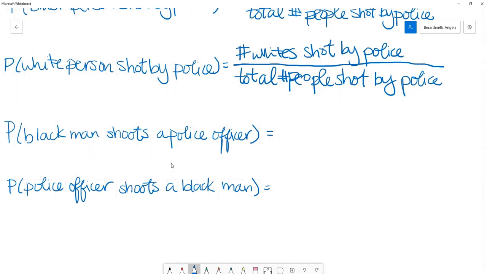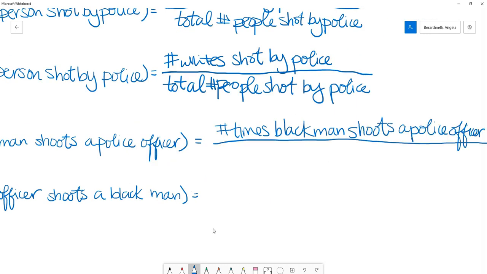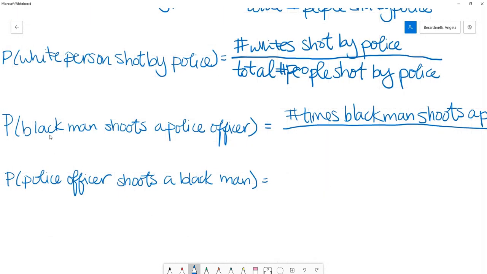For the other two, it's a little less clear. So here it's asking for the probability that a black man shoots a police officer. So clearly the numerator is the number of times a black man shoots a police officer. But what are we comparing that to? Out of what? Out of the number of times a black man sees another human being?